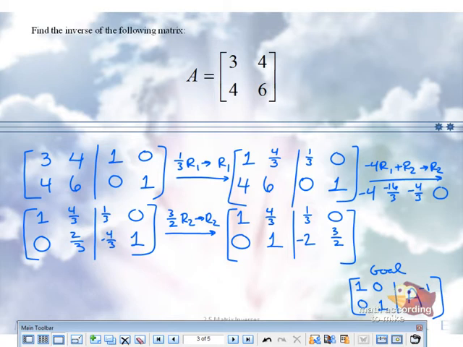So we're going to add -4/3 to it. Is that okay? -4/3 times which row? Row 2, because that's where the 1's at, plus the first row makes the new first row.